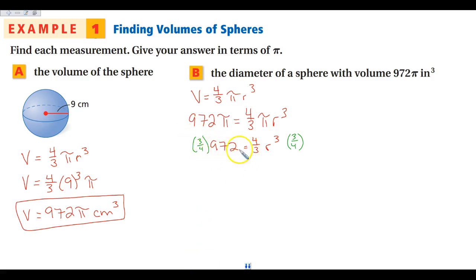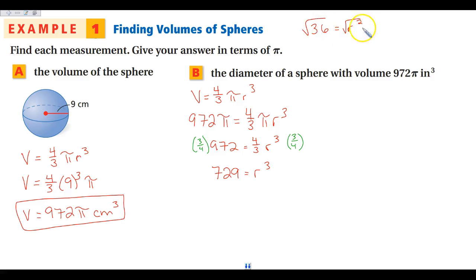And when I do 972 times 3 divided by 4, I'm going to get 729 is going to equal r cubed.